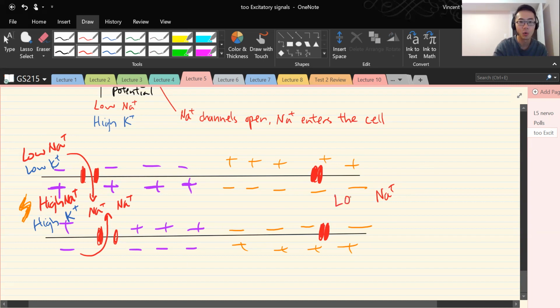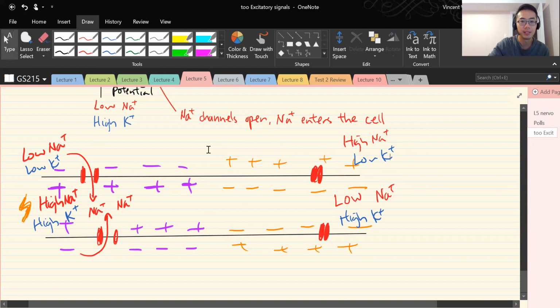Okay, maybe you guys are quietly agreeing, and that's good. That's low, and it's high. Why is it like that? Because the doors aren't open for them yet, right? It's a very long axon. The signal hasn't gotten there yet. Okay, and then there would be high potassium on the inside, and low potassium on the outside.